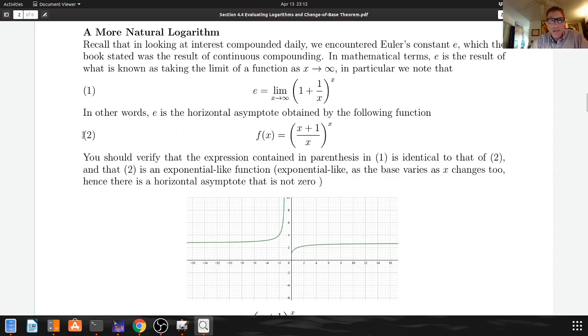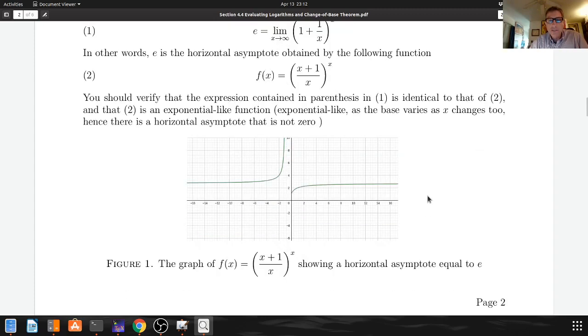And notice that equation 2 is an exponential-like function. It's exponential-like because the base itself, which is what's here in parentheses, varies as the exponent x changes also. So that's the reason it has a horizontal asymptote equal to e rather than 0.